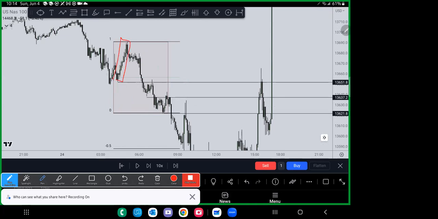Up close candle, down close candle, up close candle. Right? But just imagine if these were candles and you were seeing these candles pairing up with one another.